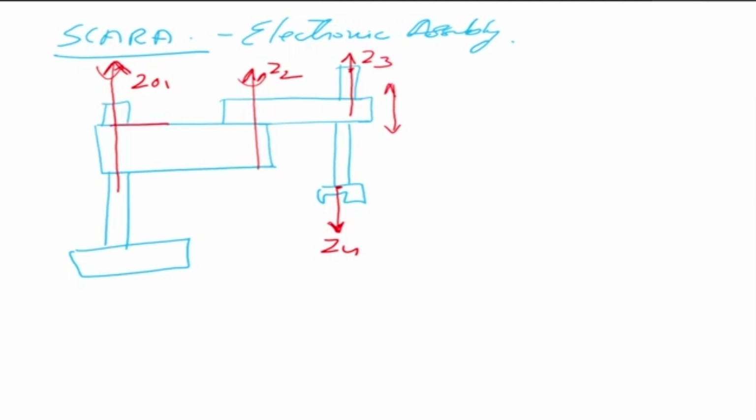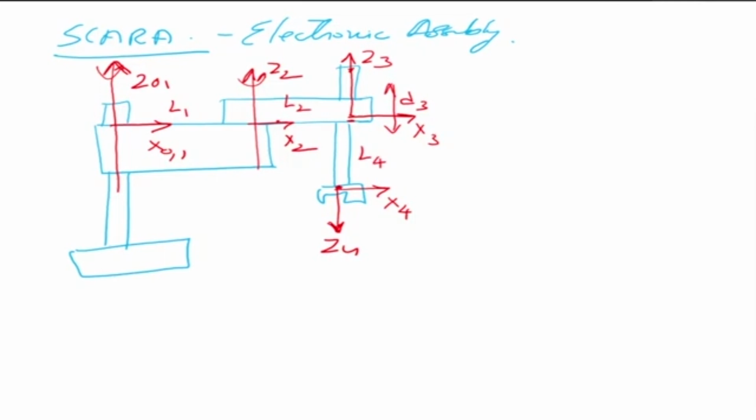My x-axes are x0, x1, x2, x3, and x4. So we have put our frames as per DH notation. Now this is the link length, the distance between the z-axes. This is L2, this one is D3, which is the variable, and there is a distance from here to here, let's say it is L4.